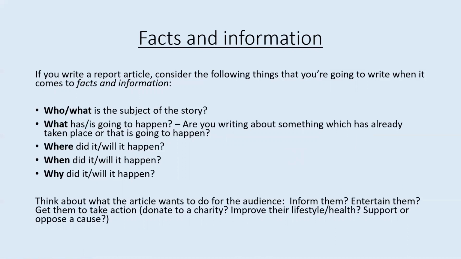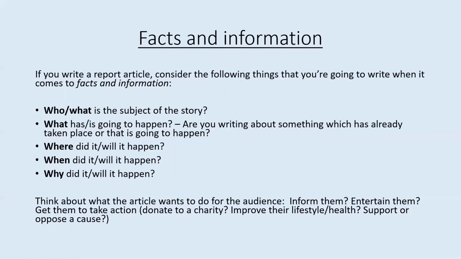Another thing to do is to think about what the article you're writing wants to do for the audience. Are you just trying to inform them, entertain them, or get them to take action, such as donate to a charity, improve their lifestyle and health, or support or oppose a cause? If you do that and think, okay, what is the point of the piece that I'm trying to write? What effect is it trying to have on the audience that would read it?